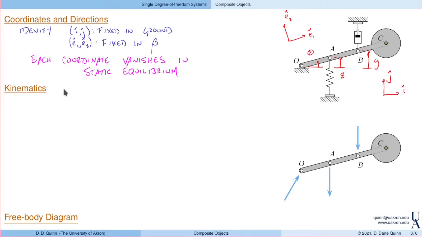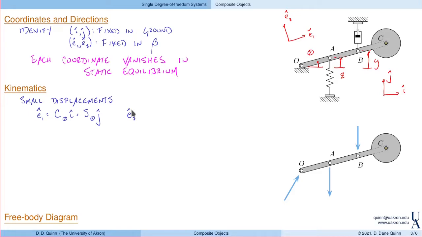Well, for small displacements, we can relate the coordinates and directions and determine the acceleration or the angular acceleration of this bar. So with this, we see that E1, for example, this direction along the bar, in general is cosine of theta in the I direction and sine of theta in the J direction.